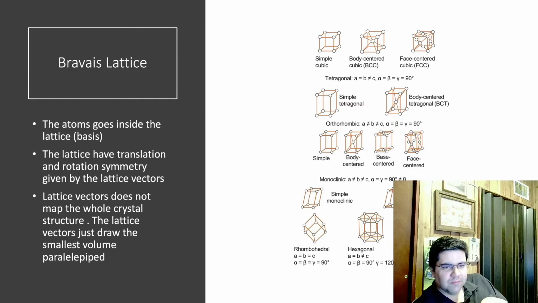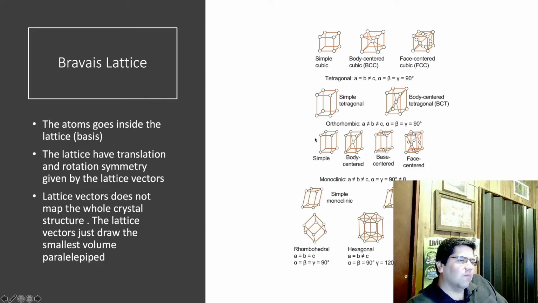Now of these 14, only 7 are considered crystal systems, because if you see the simple cubic right here, you can have the body-centered cubic or the face-centered cubic, since you only have to put atoms inside a structure. The same happens with a simple tetragonal, or with orthorhombic.